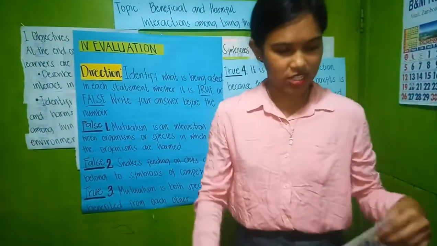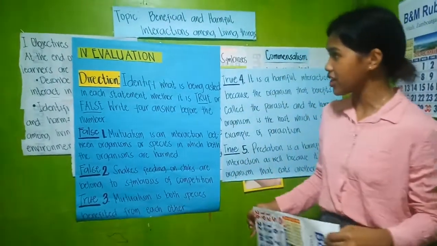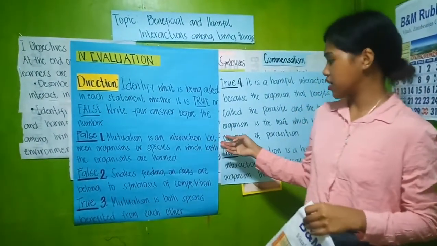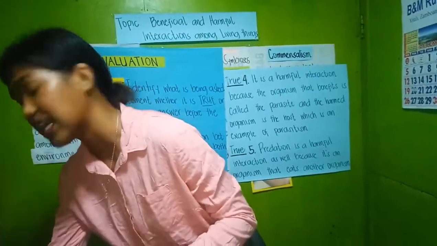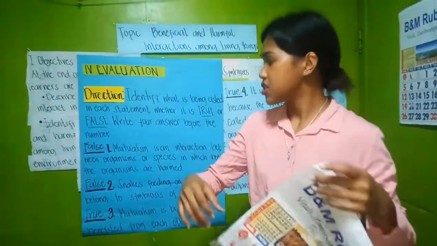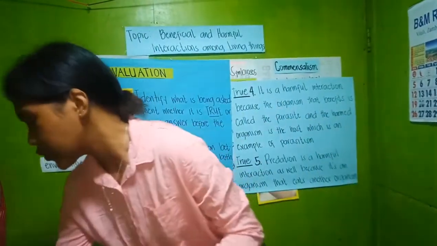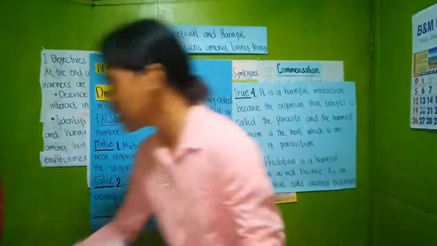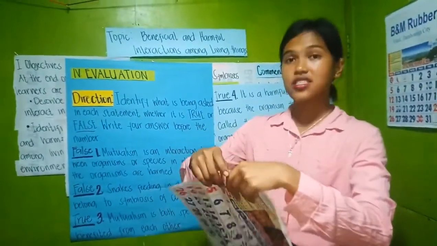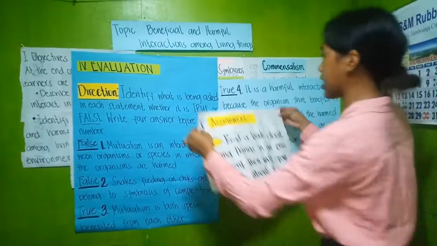So I guess everybody listened carefully and got the lesson being tackled for today. I have here an assignment. Since you got a high score or even the perfect score for your evaluation, I have here your assignment to pass next meeting.